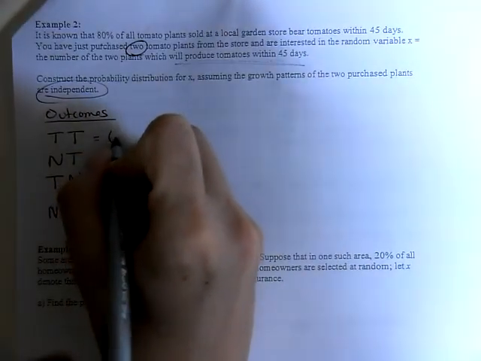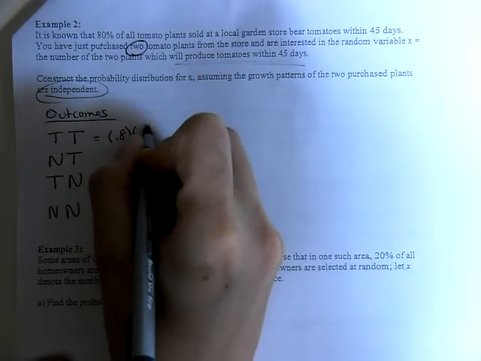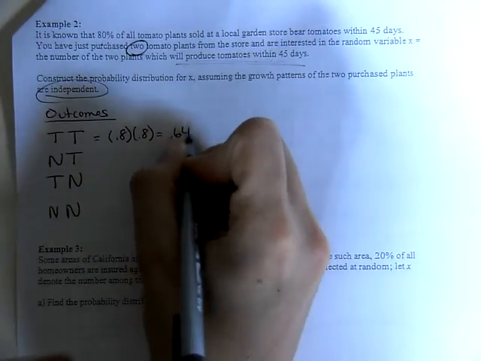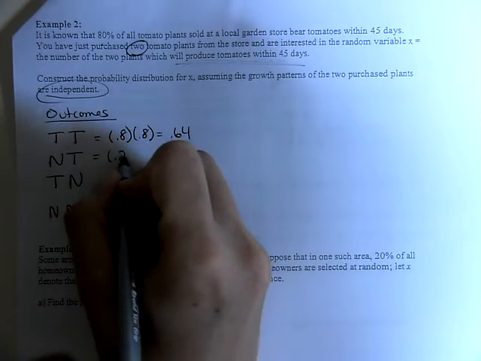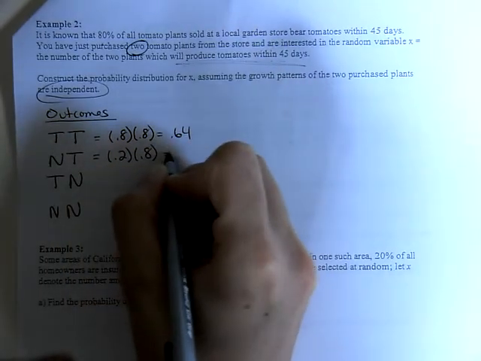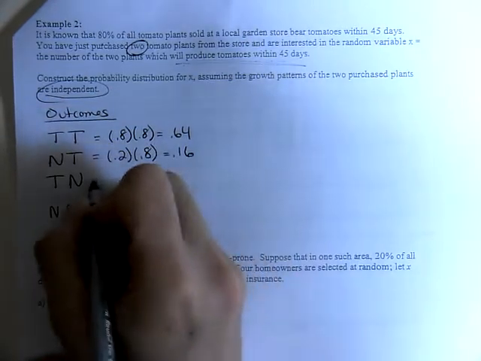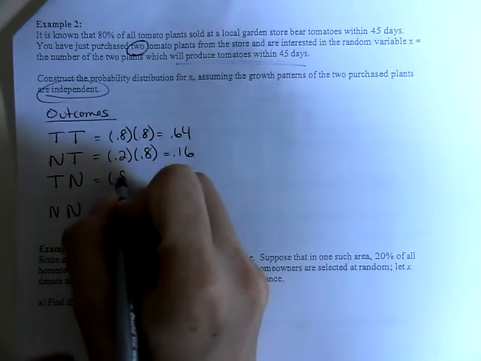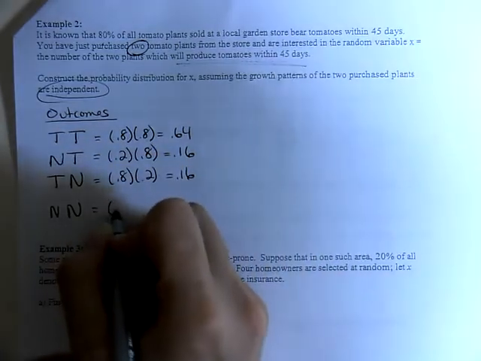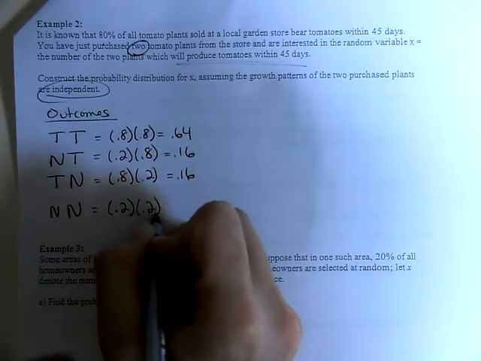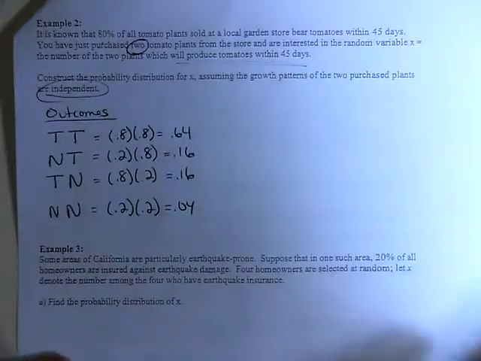So tomato, tomato would be 0.8 times 0.8, so 0.64. Tomato, no tomato would be 0.8 times 0.2, so 0.16. Here it'd be 0.2 times 0.8, so another 0.16. And no tomatoes in both would be 0.2 times 0.2, so 0.04.